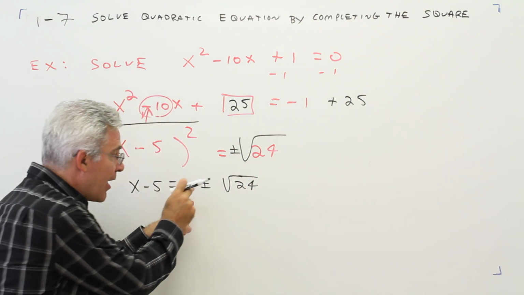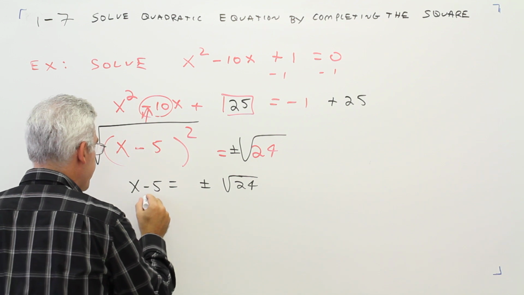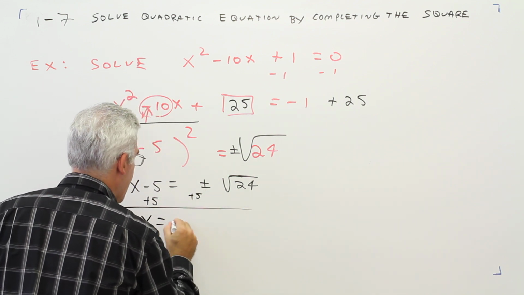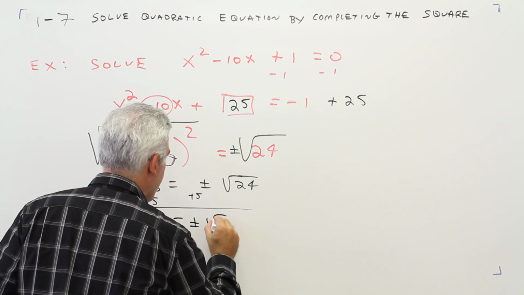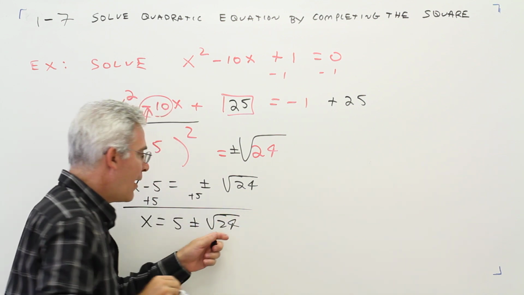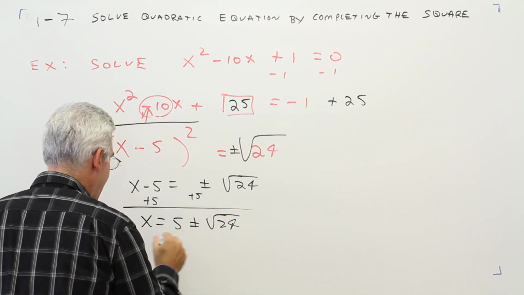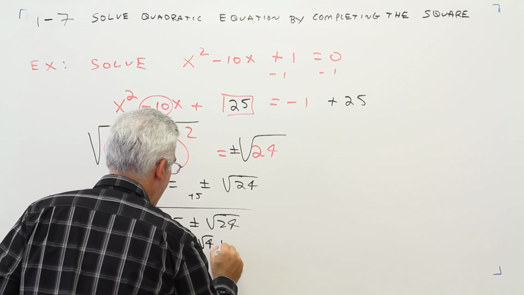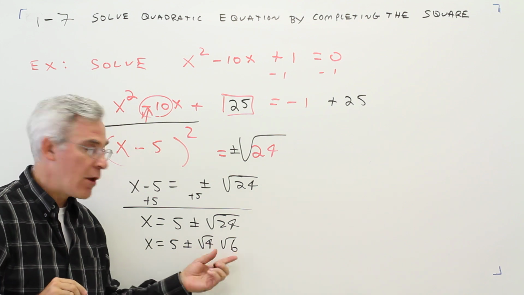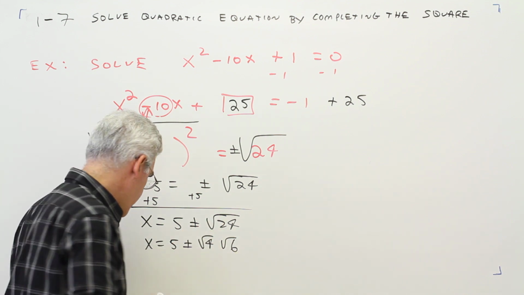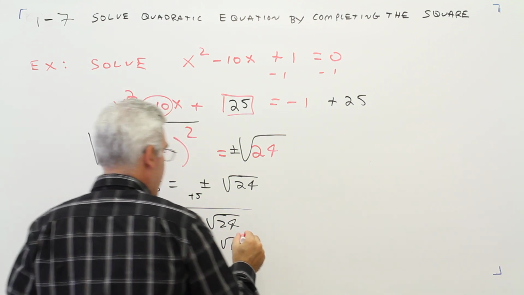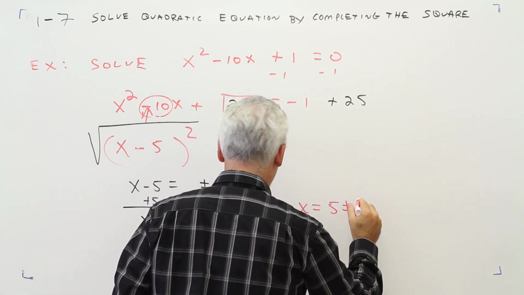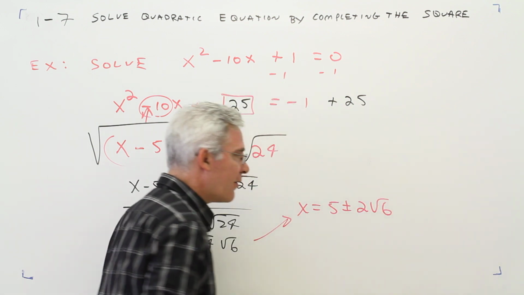Add 5 right in front. x equals 5 plus or minus the square root of 24. Again, just simplifying that, x equals 5 plus or minus rad 4, rad 6. Rad 4 I happen to know is 2. So x equals 5 plus or minus 2 rad 6.